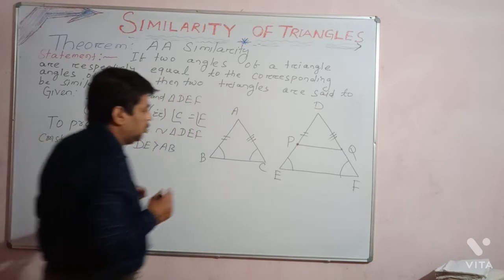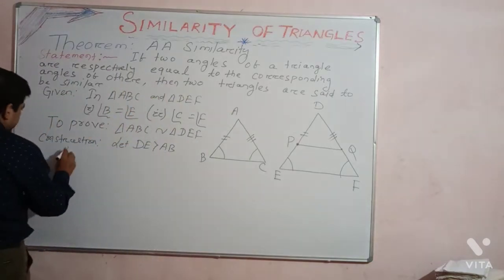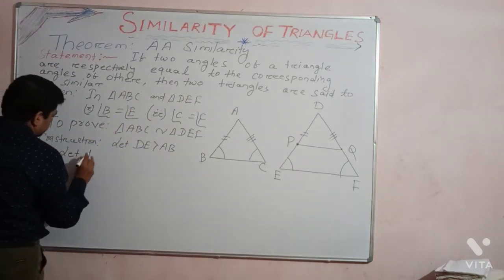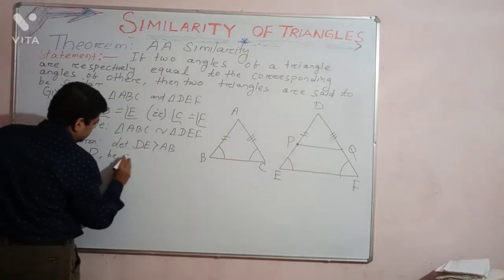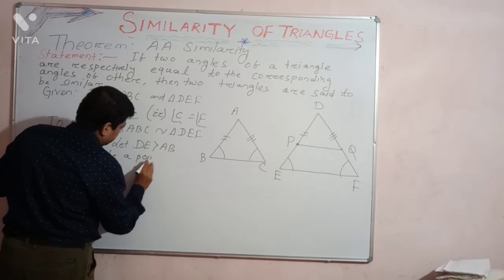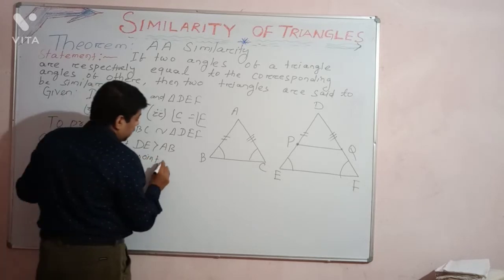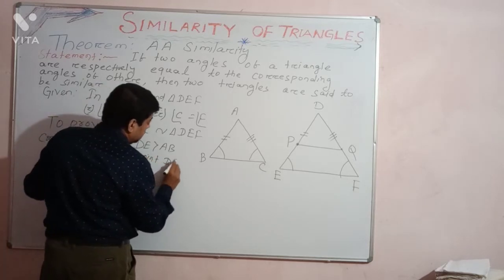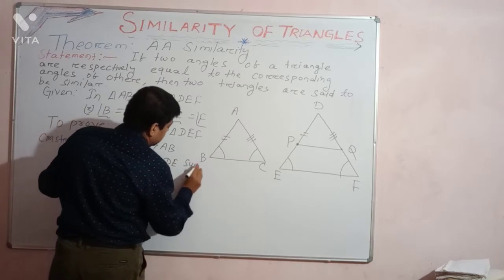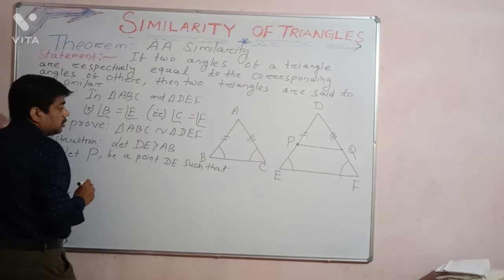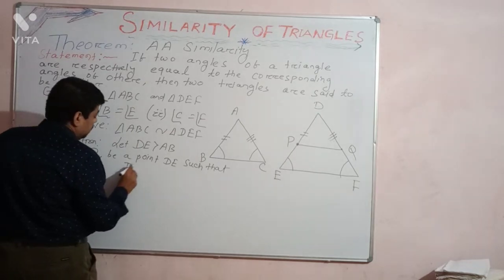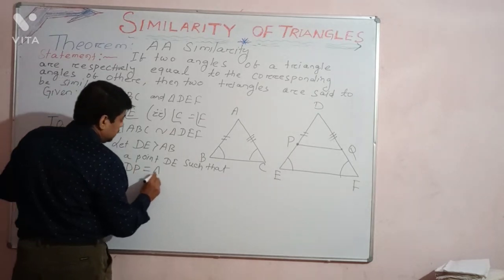Let P be a point on the side DE such that DP is equal to AB.